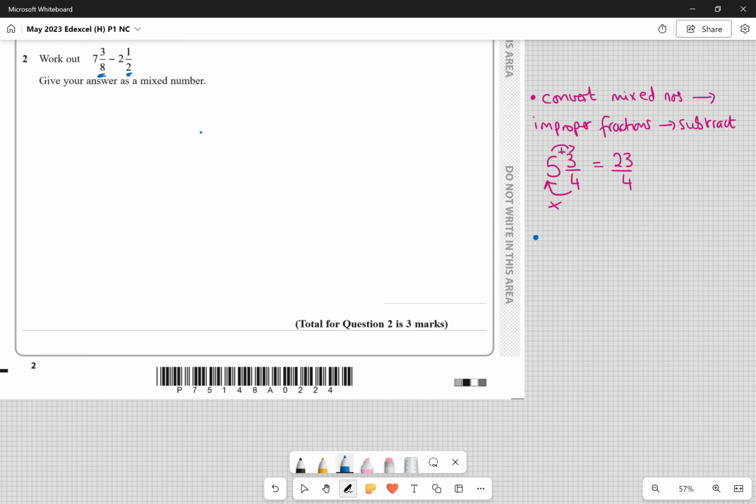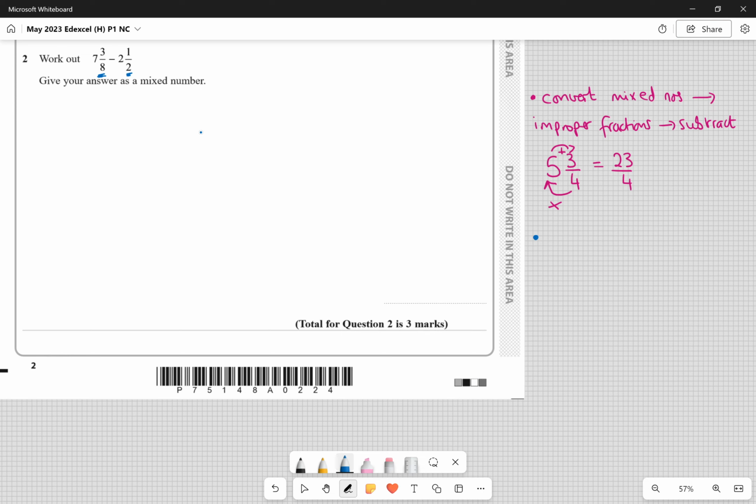And you may notice that 3/8 is actually smaller than a half. So you don't want to simply subtract the whole numbers and then subtract the fraction part, because you're going to end up with a negative, and then it becomes a little bit more involved.